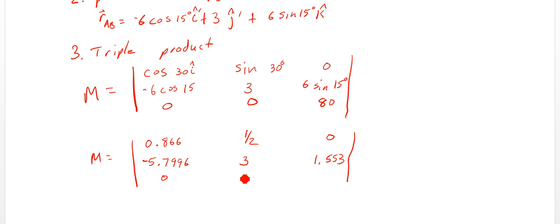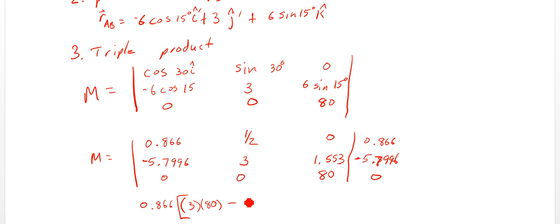And the last row is 0, 0, 80. Then I'll copy my first column over again: 0.866, negative 5.7996, and then 0. So we're going to have this times this minus this. I'll have 0.866 times 3 times 80, minus 1.553 times 0.